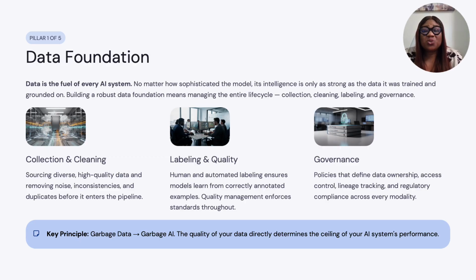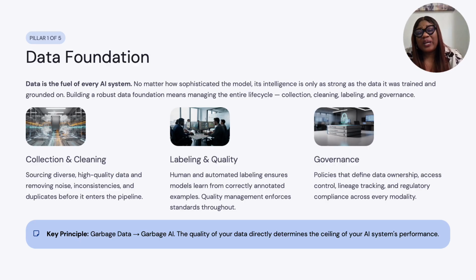If the infrastructure is weak, the system cannot handle real users. And if there is no governance, the AI can create bias, privacy violations, or even legal problems. So building real-world AI systems requires more than just training a powerful model. It requires a full system architecture built on strong pillars.